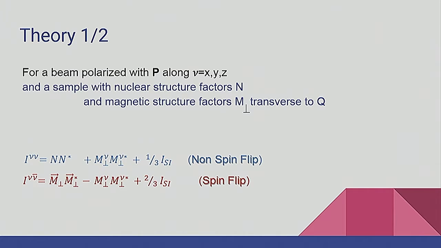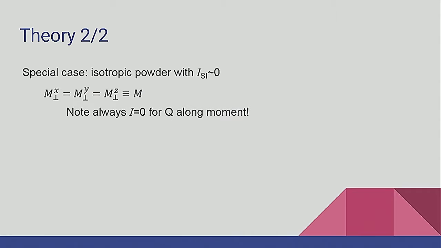There's a nuclear component, there's a transverse magnetic component, and there's also an incoherent segment of that. And if it spin flips, which is to say it goes from spin up to spin down or vice versa, it looks like that. So we'll consider a pretty simple case of a powder with no incoherent scattering, just for the sake of argument, and we'll make it isotropic, so all the moments are the same along all the axes.